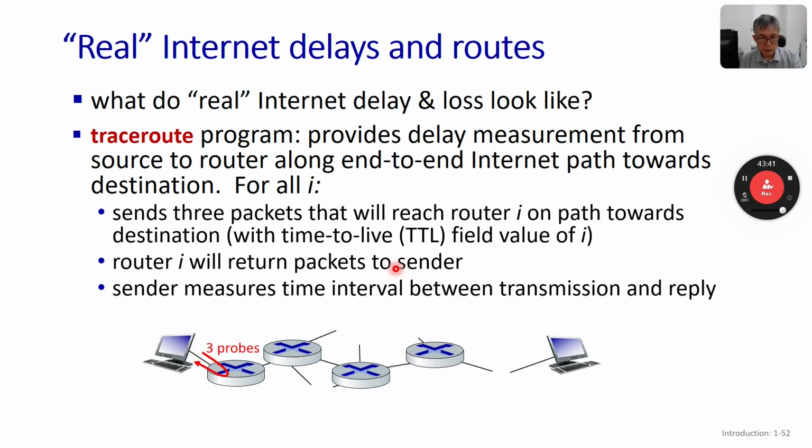Using TTL set to 1, when it is delivered here, it is decreased by 1, so the TTL value becomes 0. The router deletes the packet and generates an error message, TTL expired. That is the ICMP error message, Internet Control Message Protocol, ICMP.